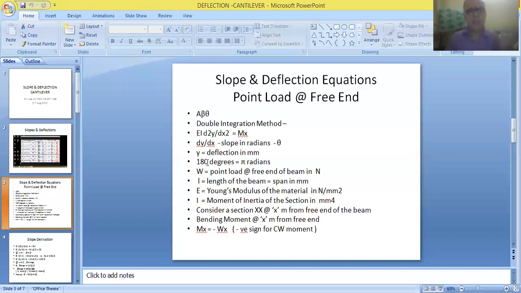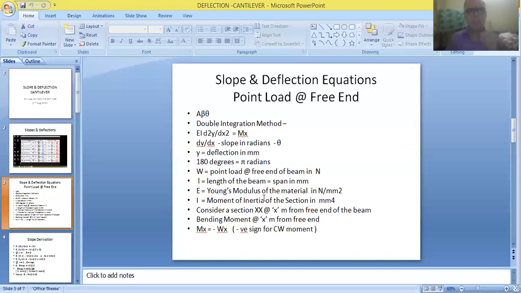Similarly, small letter y is used for indicating deflection, which has to be expressed in millimeters. And we have all these factors: capital W for indicating the point load at the free end of the beam, expressed in newtons, and capital L or small l for indicating the total length of the beam, written in millimeters.